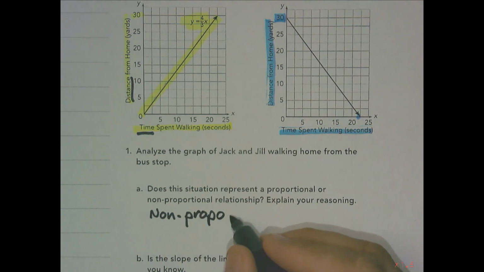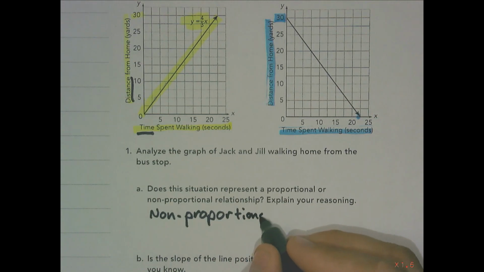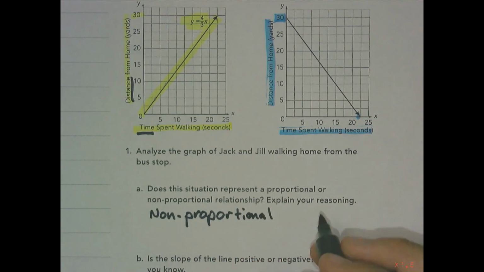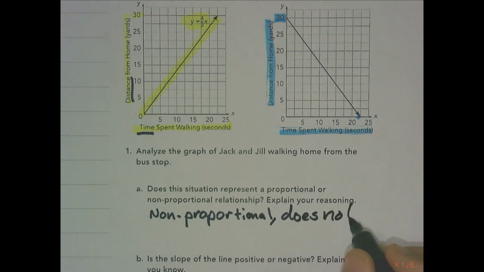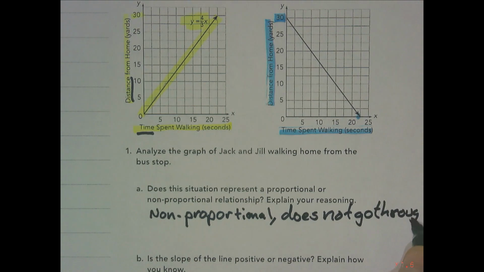And one thing I said, if it's a straight line, that's a clue that it's proportional, and that's true. But it also has to go through the origin. So it's non-proportional because it does not go through the origin.